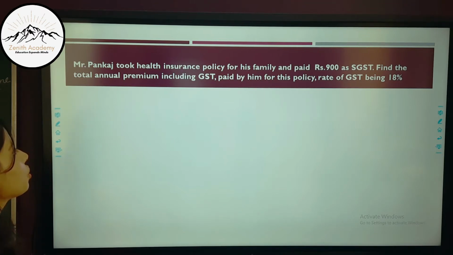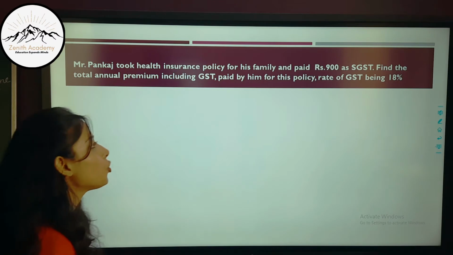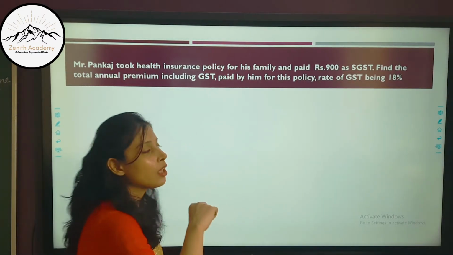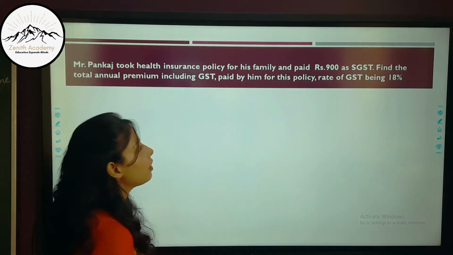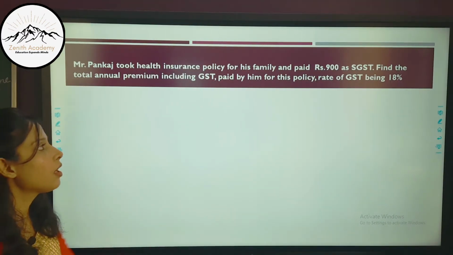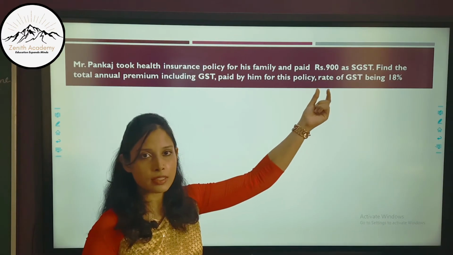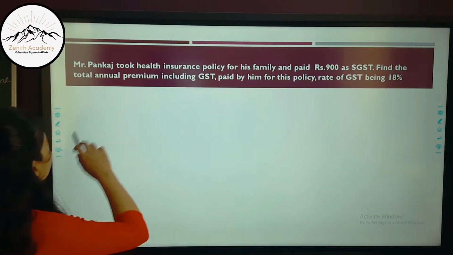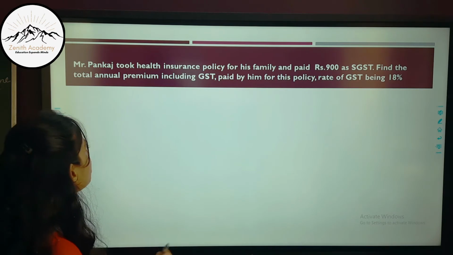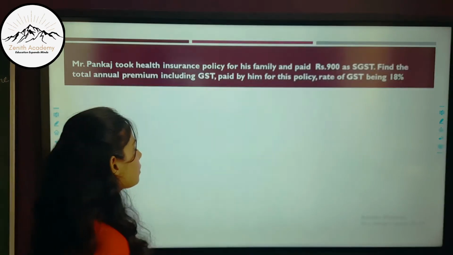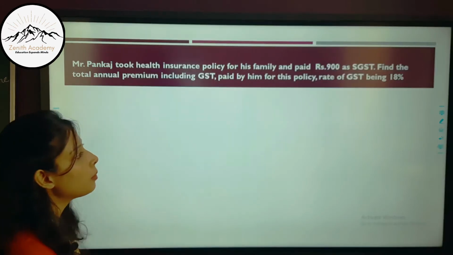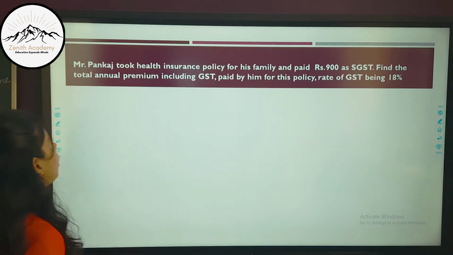Mr. Pankaj took a health insurance policy for his family and paid rupees 900 as SGST. So here we have been given the amount of SGST paid by Mr. Pankaj. Find the total annual premium including GST paid by him for this policy, the rate of GST being 18%.